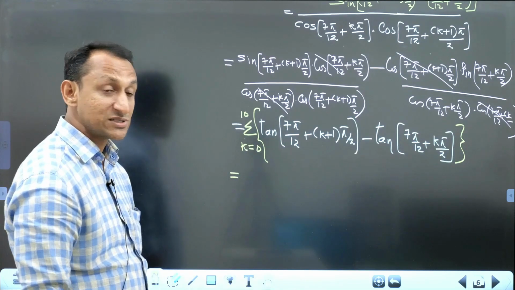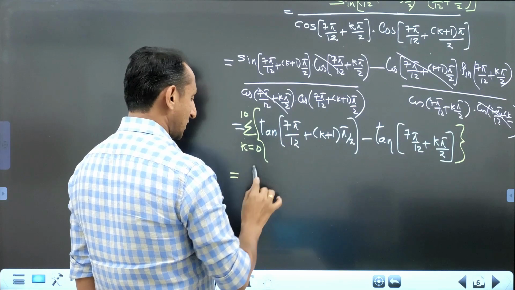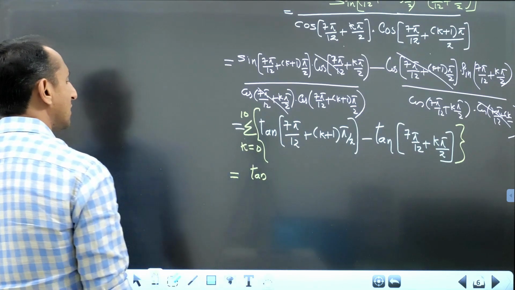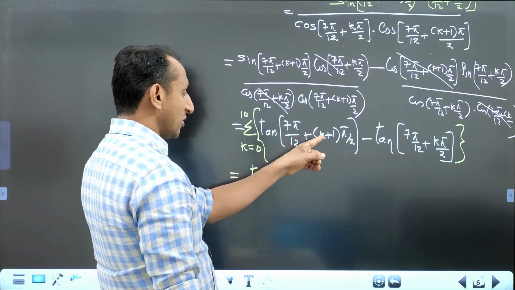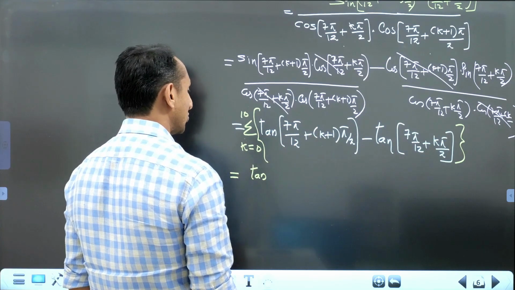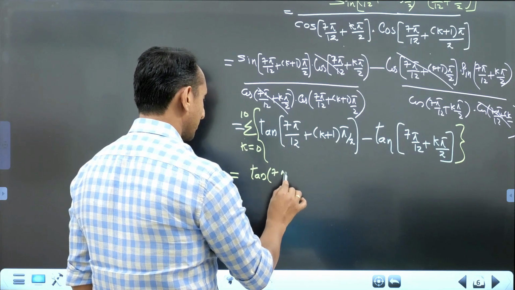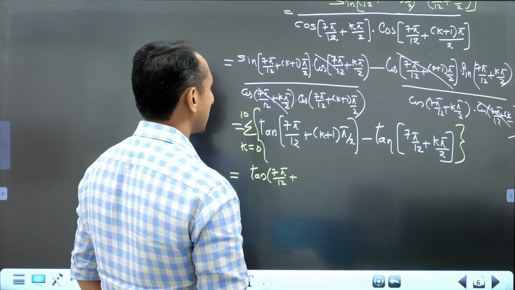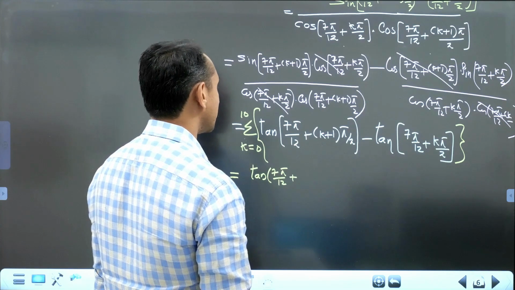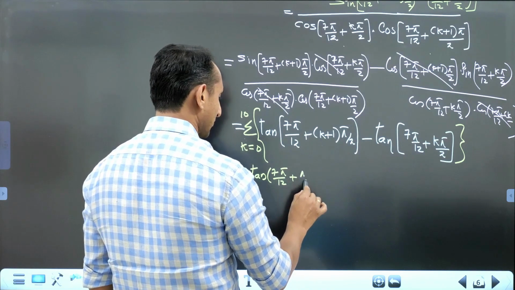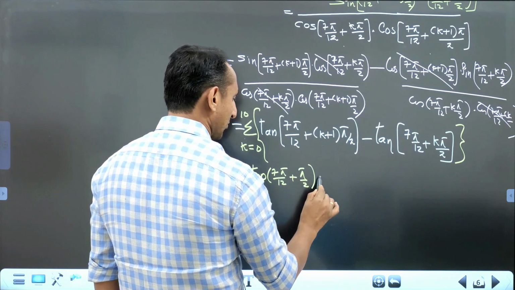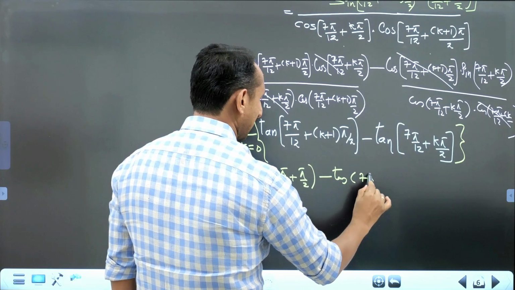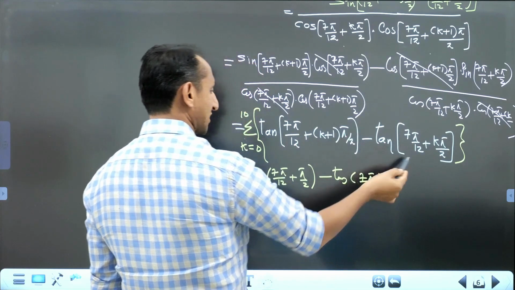Put k is equal to 0. Tan of (7π/12 + π/2) minus tan of 7π/12 only, for k is equal to 0.